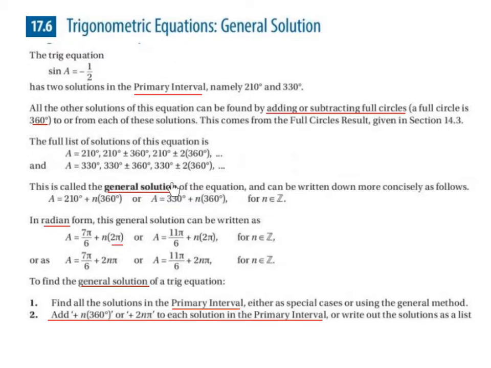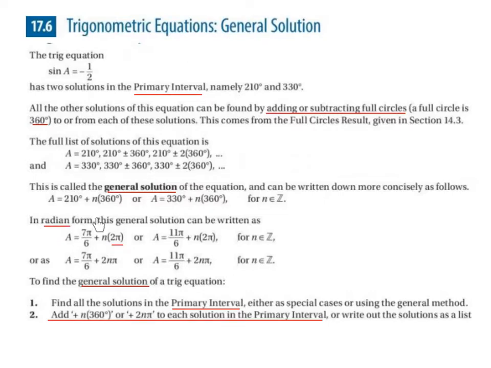This is called a general solution of the equation and can be written down more concisely as follows. A equals 210 degrees plus n times 360 degrees, or A equals 330 degrees plus n times 360 degrees, for n elements of Z, so for all integers.